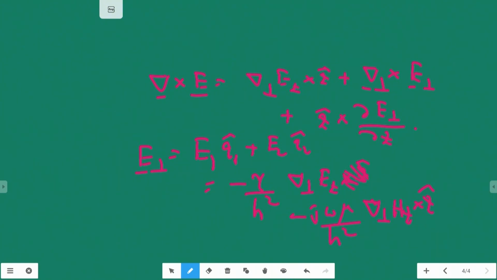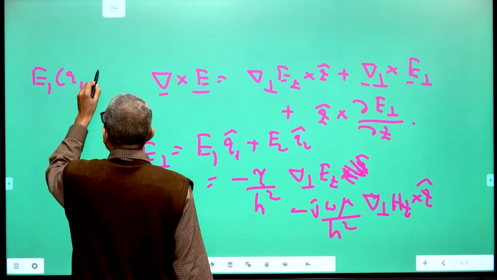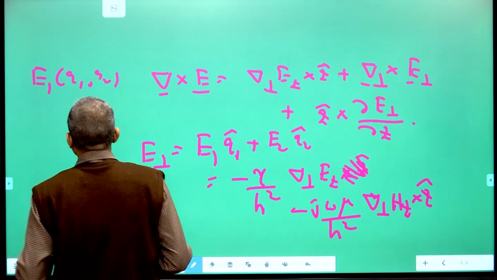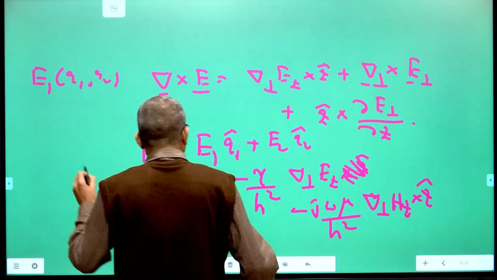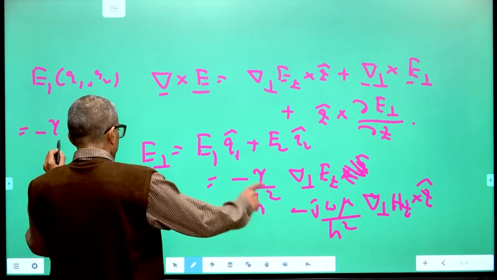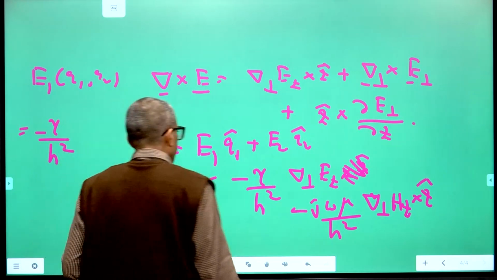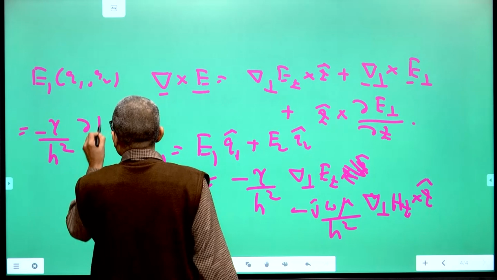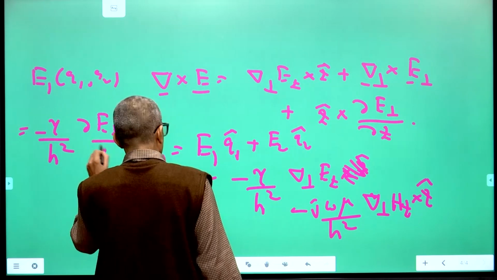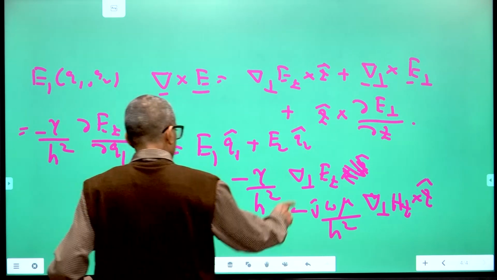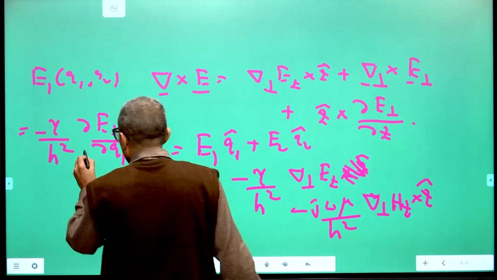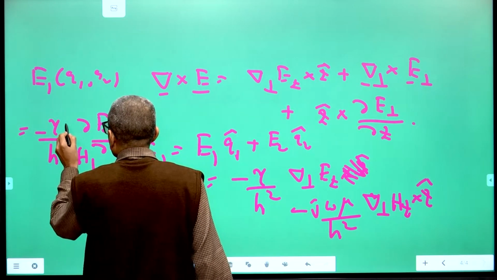So if you equate coefficients on both sides, the E1 component is of course a function of q1 and q2. That is, E1 is along the q1 cap direction. E1 becomes, in component form, the same equation. I am writing it down: minus gamma by h square into ∂Ez/∂q1. That is what is del perpendicular, and then you divide by h1, and then you take q1 cap.